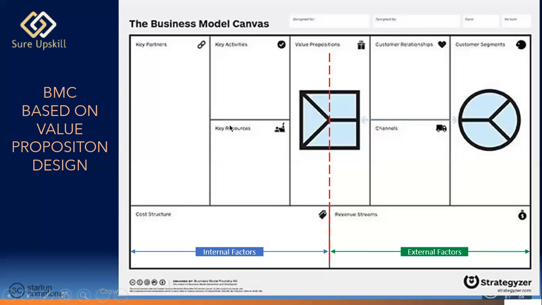This includes firstly the key resources, then the key activities, then the key partners, and then finally we have the cost structure. So once we fill this whole canvas, we have a connected model of what is required to be done to create a successful startup.